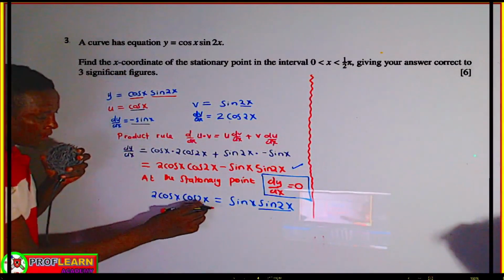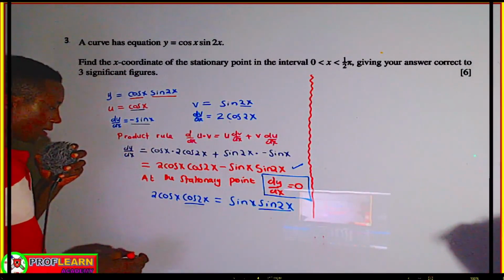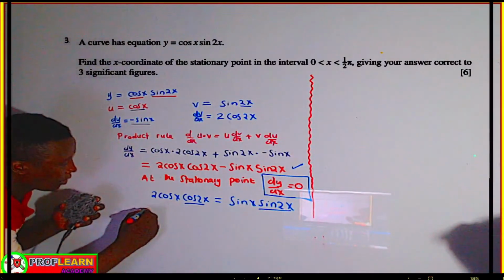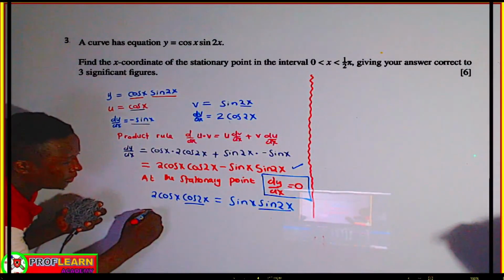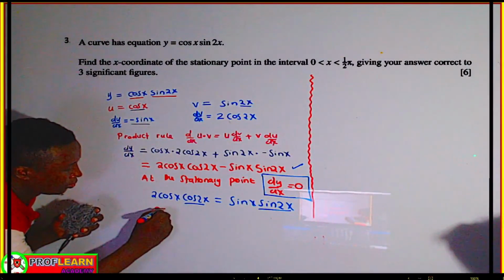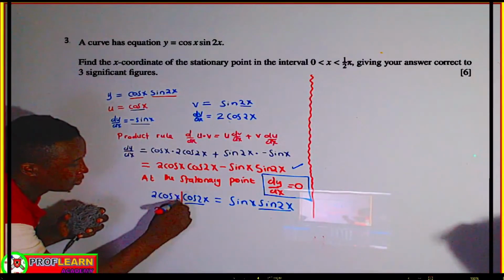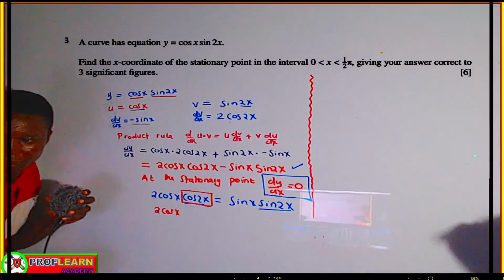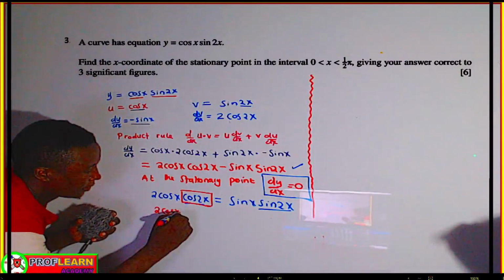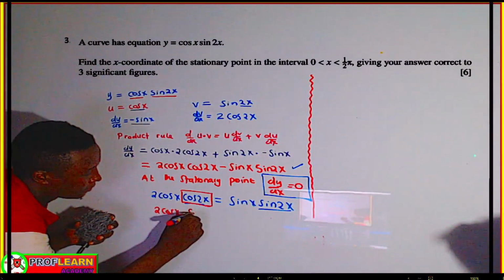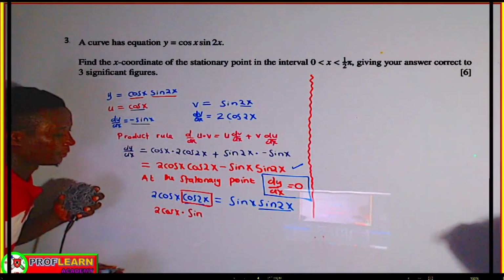But remember, this double angle here means that this is the same as 2 cos x. So this part that we have here can be written in terms of sine.